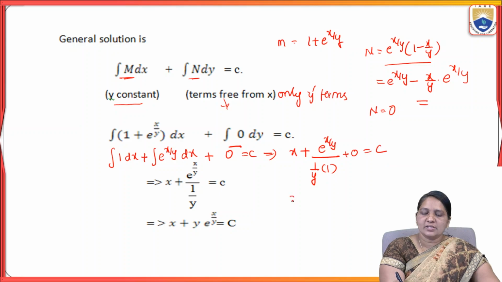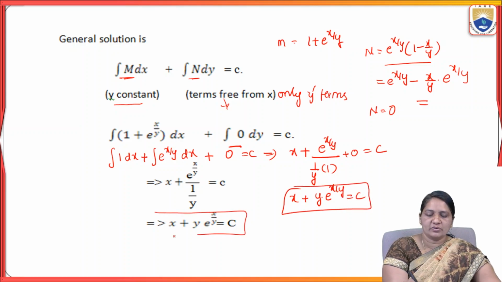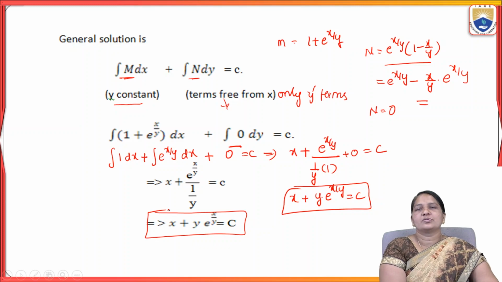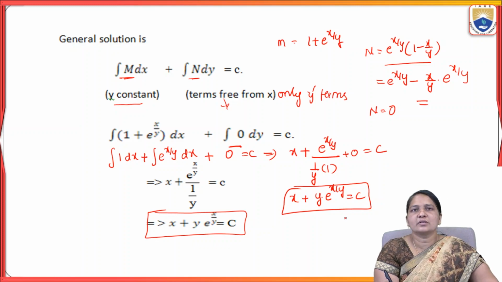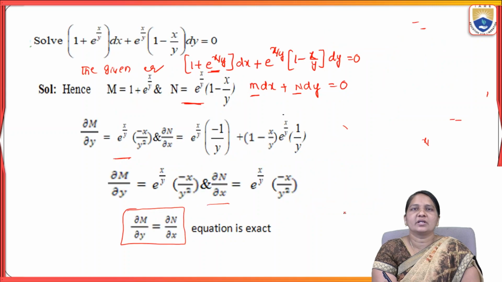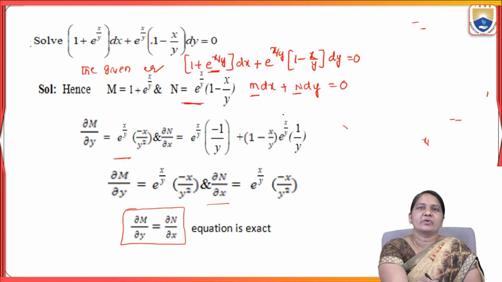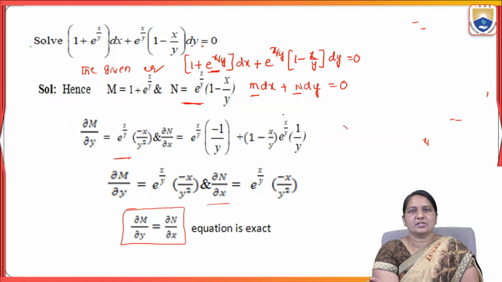So finally this is x plus y into e power x by y equal to c. This is our general solution of the given equation, that is 1 plus e power x by y into dx plus e power x by y into 1 minus x by y into dy equal to 0.